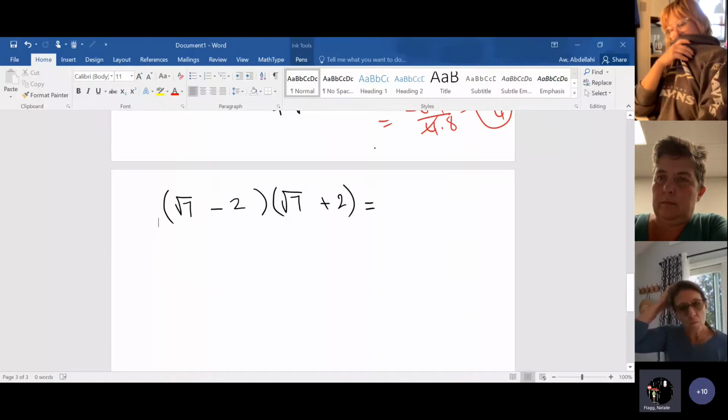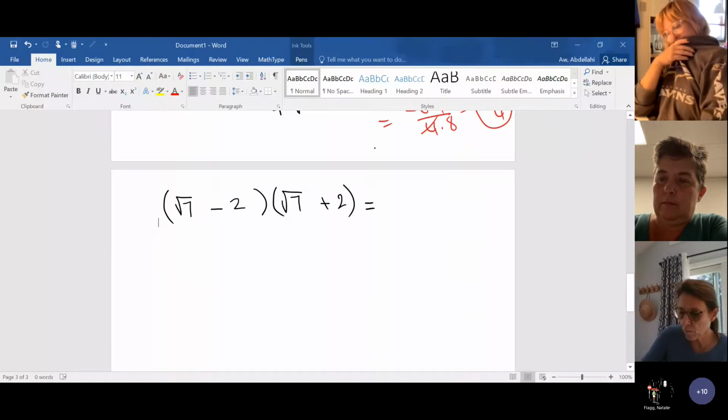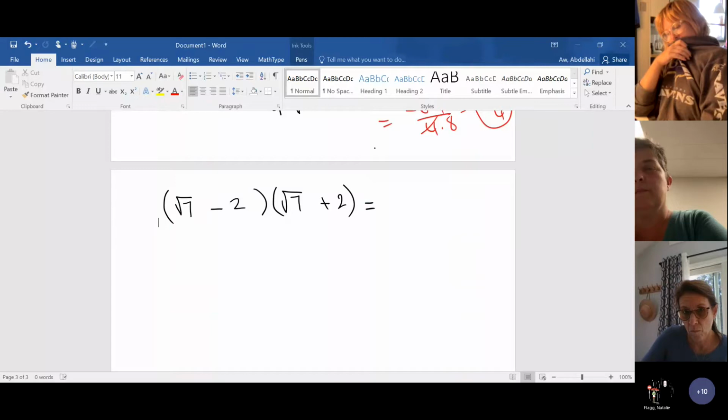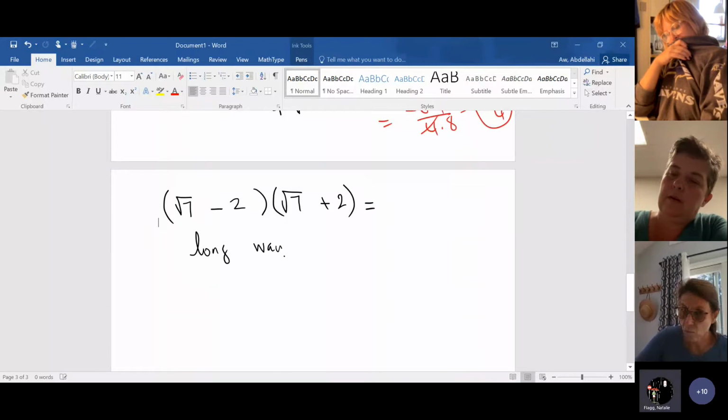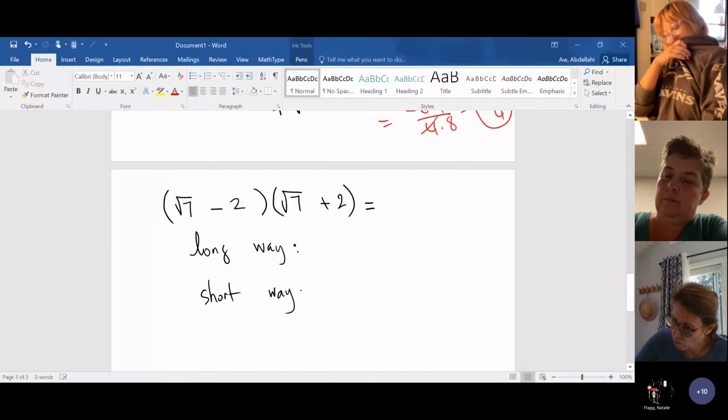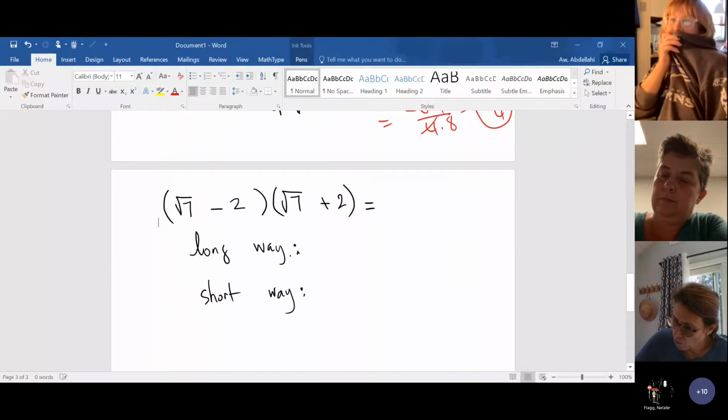We have a long way and we have a short way. The long way would be to distribute. That is the long way. Can you distribute that and simplify it a little bit?